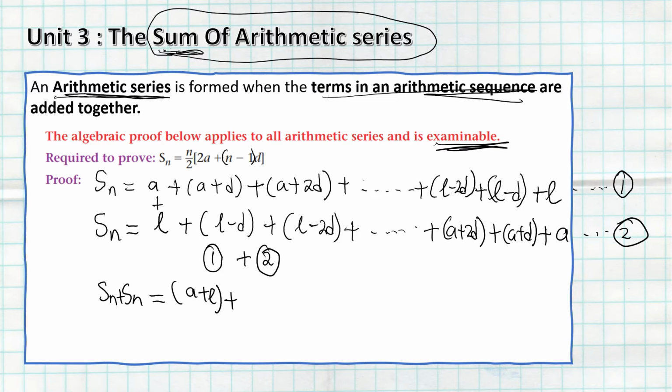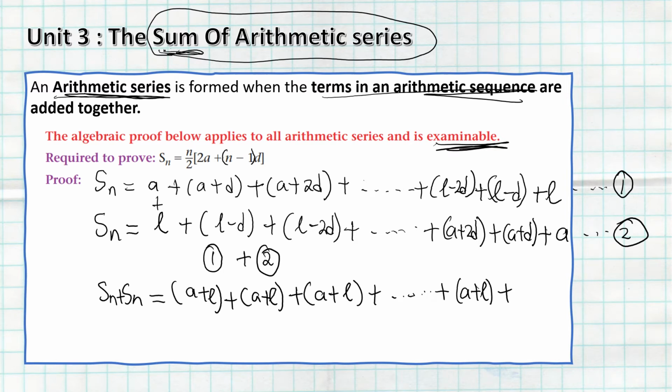So d minus d cancel out each other. We'll be left with A plus L, plus 2d minus 2d cancel out, left with A plus L, up until we get to the last term. Minus 2d plus 2d cancel out, we'll be left with A plus L.